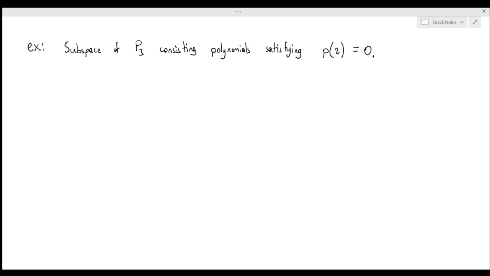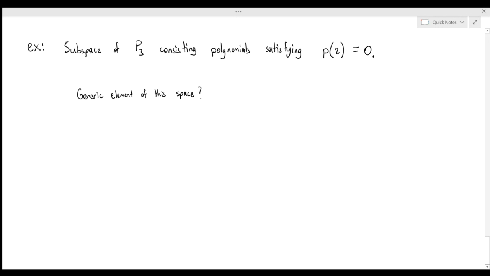So the strategy that we've been doing so far is to first write out what a generic element of this looks like. So this one's a little bit more difficult, but not much more difficult.